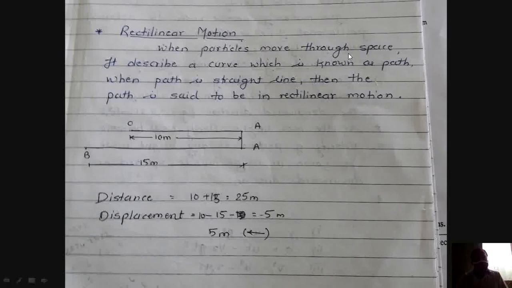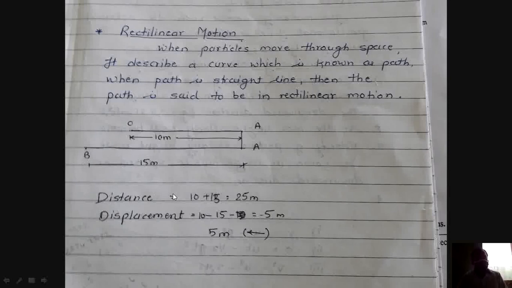So here, if this is point A and this is point B, suppose consider particle X which started its motion from this point O. It travelled 10 meter up to A. Then again it travelled up to point B, 15 meter.